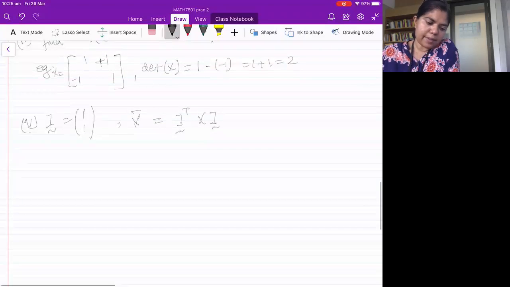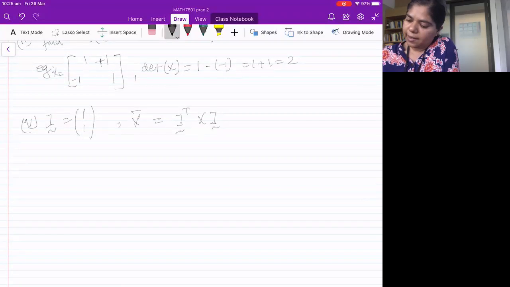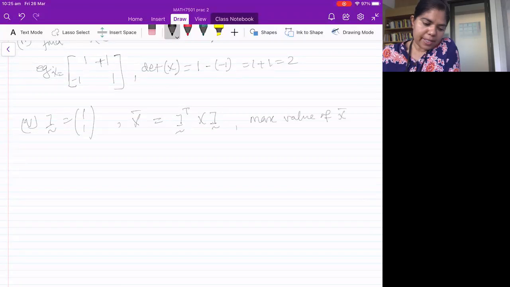What is the maximal value of X bar that can be obtained considering all X in M? What's the maximum value?